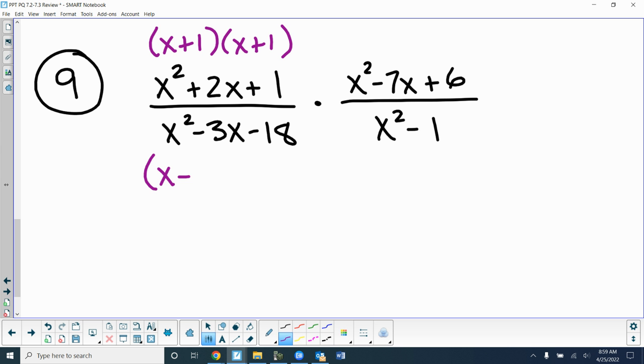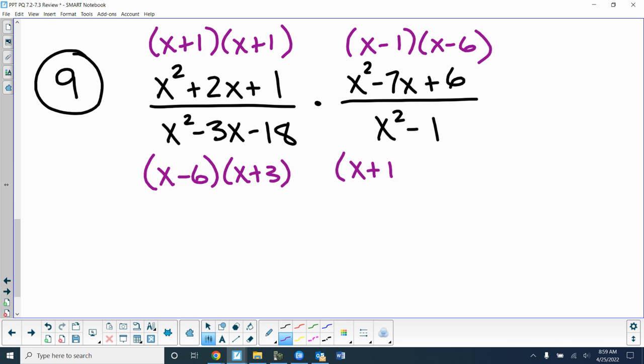This one's x minus 6 and x plus 3. This one's x minus 1 and x minus 6. And this is x plus 1 and x minus 1. Any questions on any of those four? How I got them? All of us by now should be able to factor those.